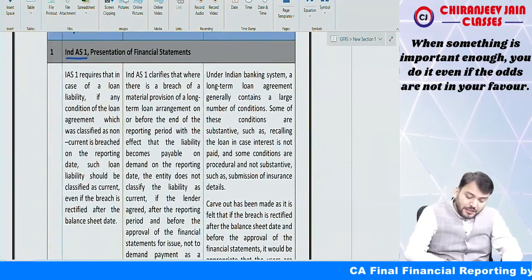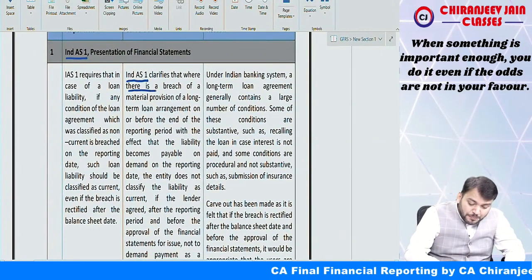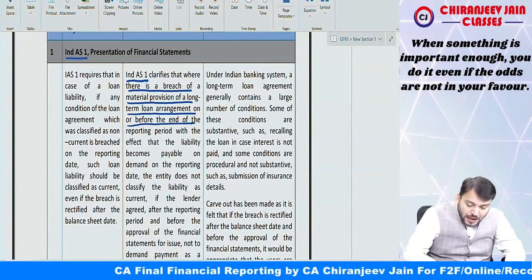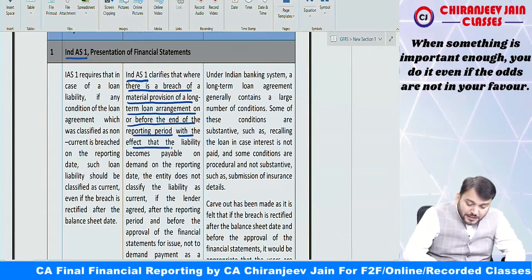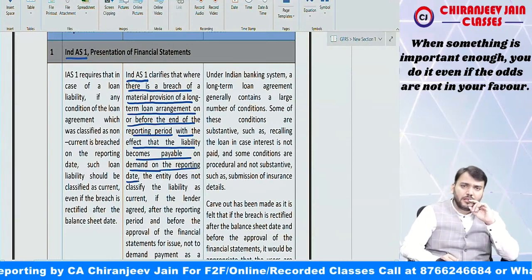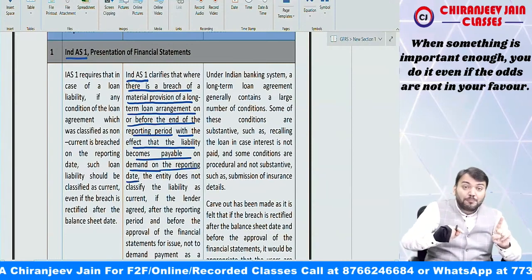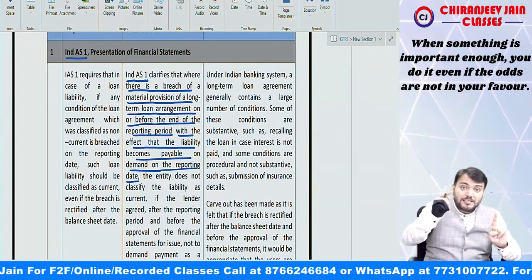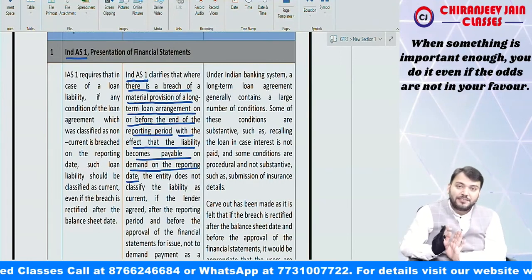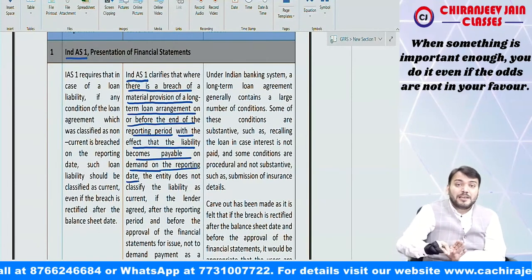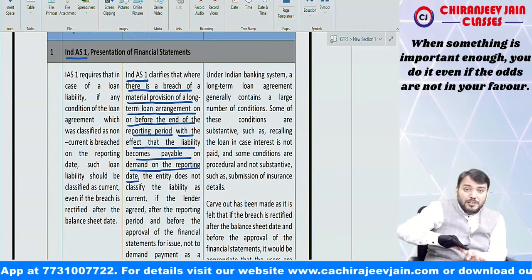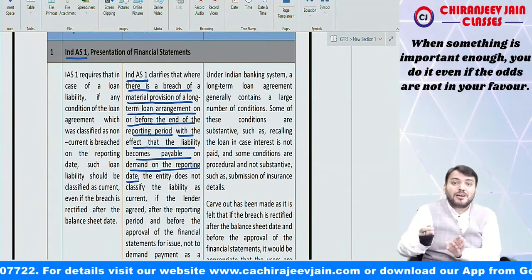What does Ind AS 1 say? Ind AS 1 says whenever there is a breach of a material provision of a long-term arrangement on or before the end of the reporting period, with the effect that the liability becomes payable on demand on the reporting date, you remember this point? Then it will be reclassified from non-current liability to current liability.